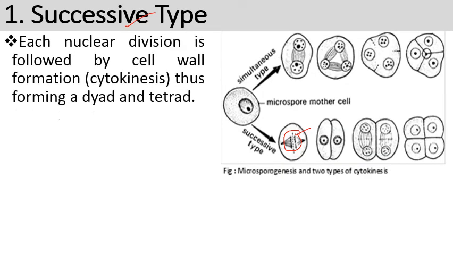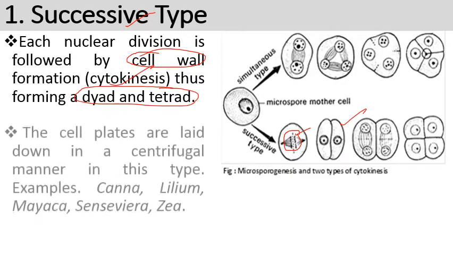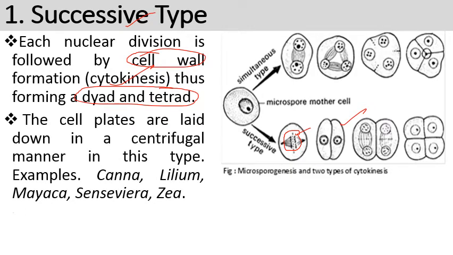So each nuclear division is followed by cell wall formation, that is cytokinesis, thus forming a dyad or tetrad that we can see in this animated photograph. The cell plates are laid down in centrifugal manner. जो cell plate formation है, that is in centrifugal manner, and examples are Canna, Lilium, Mayaca, Sansevieria and Zea.